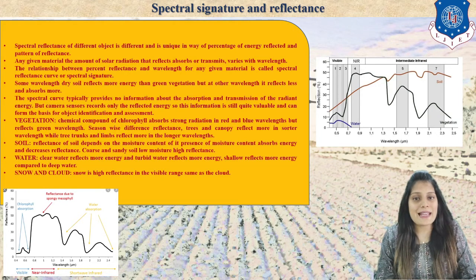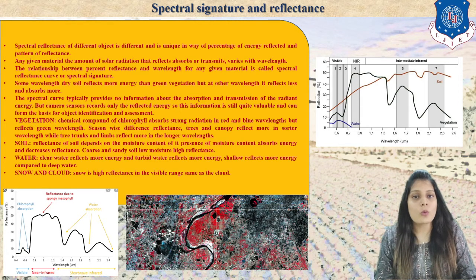So when a landslide occurs during that period of time, we fetch this frequency and we can see the landslide, why it is occurring and how the characteristics of snow are changing. So snow and clouds are clearly visible in the visible range of the electromagnetic spectrum. So this is all about the electromagnetic spectrum, which is related to the spectral reflectance.